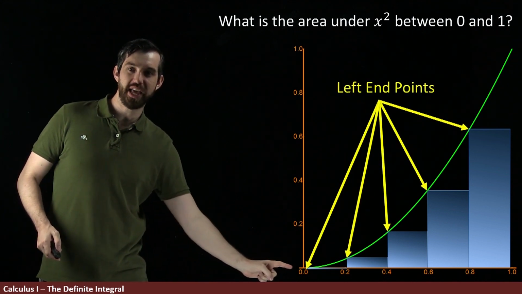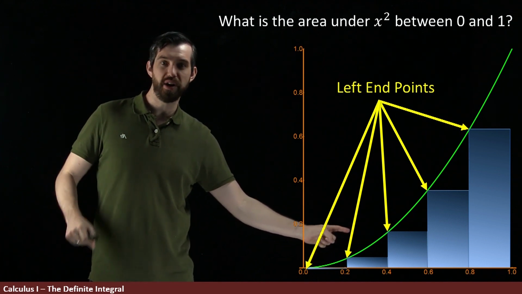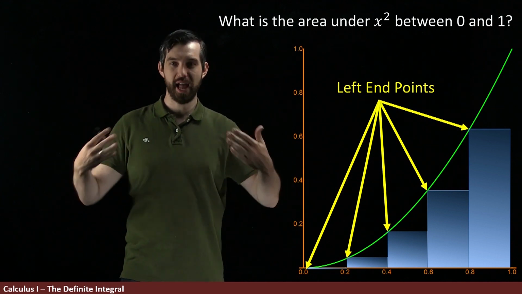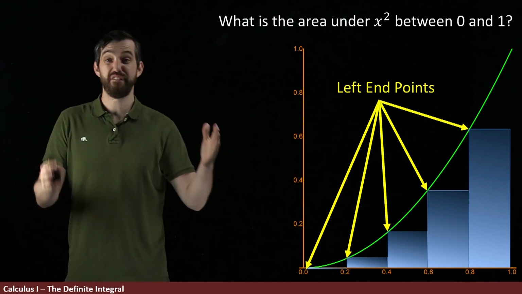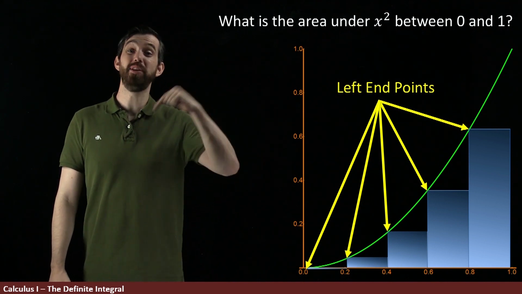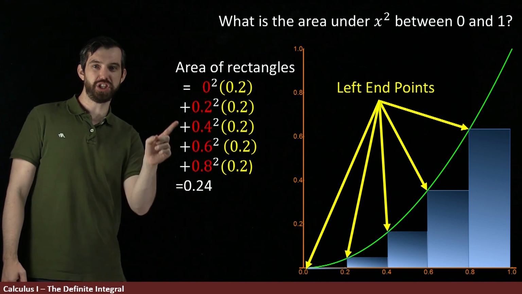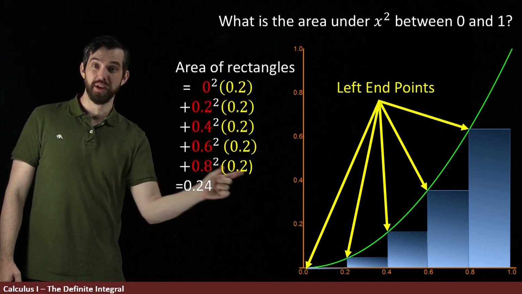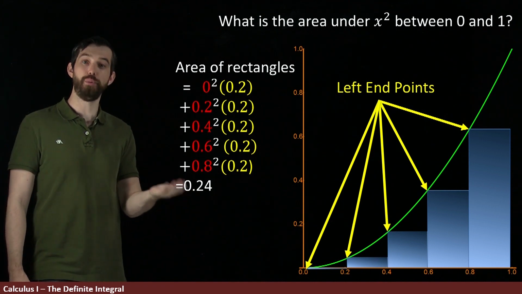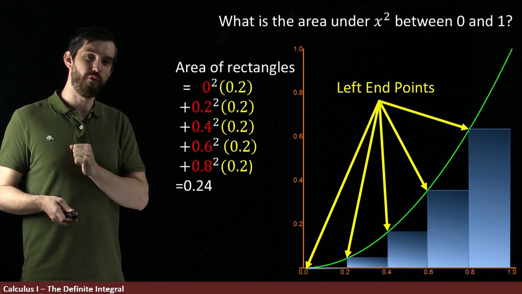So this is the rectangle of height 0, the rectangle of height 0.2 squared, 0.4 squared, 0.6 squared, and so on. Again 5 different rectangles, and this time the area is going to be a little bit too small. I again can figure out that computation. The 0.2 stayed the same, but my heights have all changed a little bit, and now I've gotten the value of 0.24, which was a good ways underneath the 0.44 that we saw before.